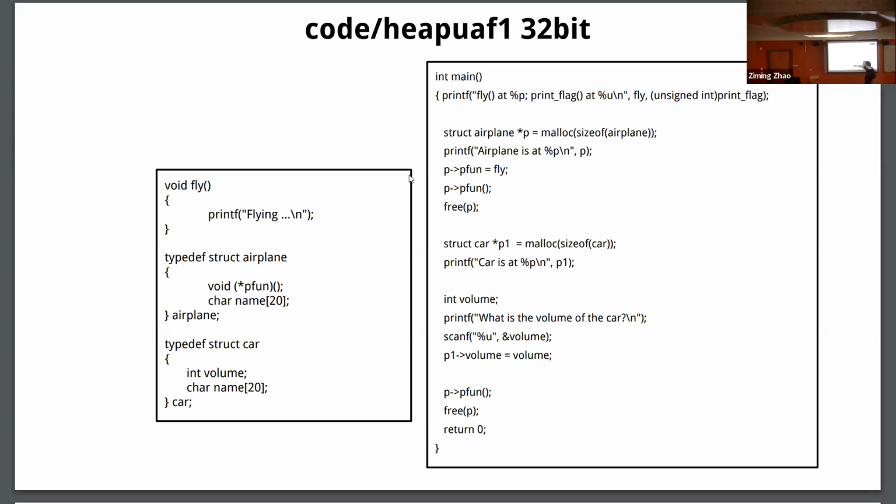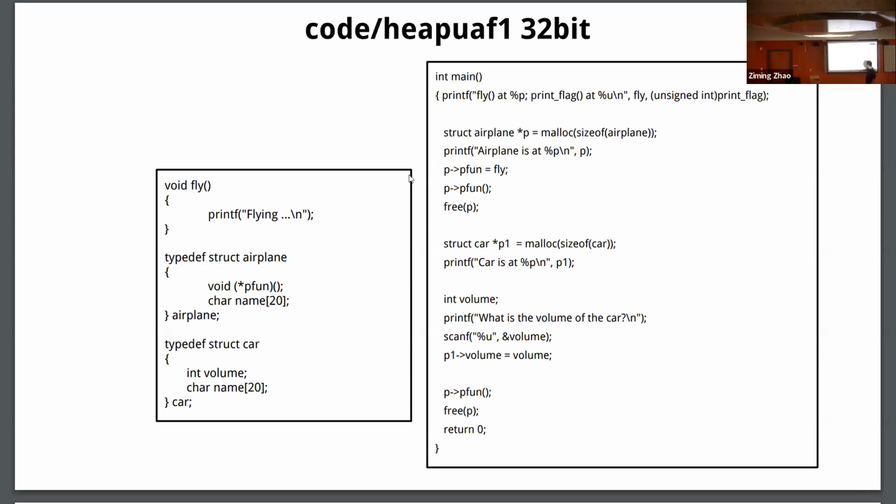If we used P1's pfunc, this would not work, because the C compiler would catch that P1, which has type pointer to car, doesn't have this member function. But instead, we're using P, and P points to the same address. P has this function, and we're calling it.